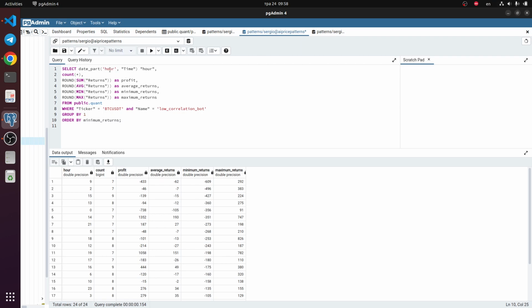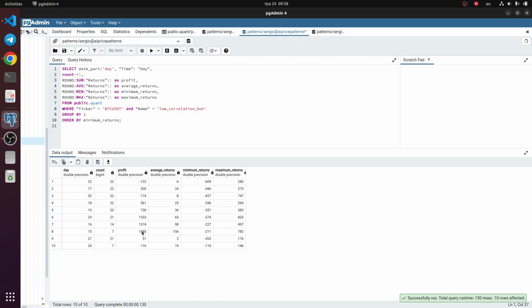Okay, let's look also, for example, by days, but we have less information, few information. I mean, we need to collect more information. Okay, let's look again. Let's look at minutes, for example. Do we have some statistics here or not? Count minute.